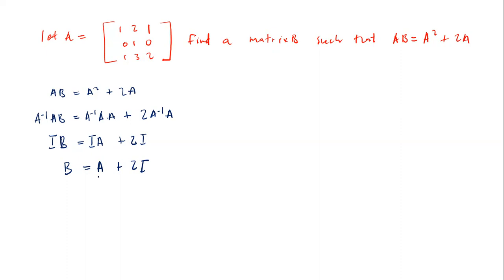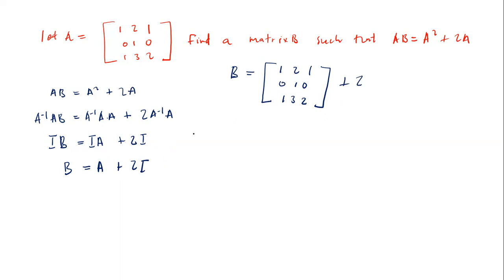But now, how are we going to do that? As I continue with this equation, I'm going to say matrix B is equal to, now, what is matrix A? Matrix A in this case is provided to be 1, 2, 1, 0, 1, 0, 1, 3, and 2. This is matrix A. Therefore, plus 2 multiplied by, now what is the identity matrix?